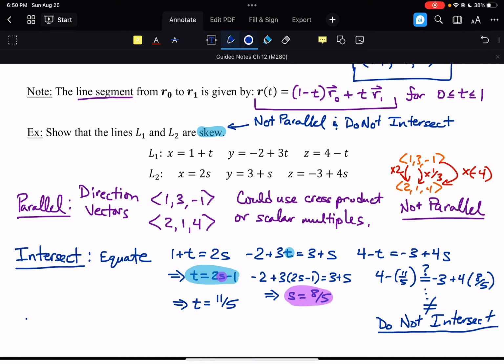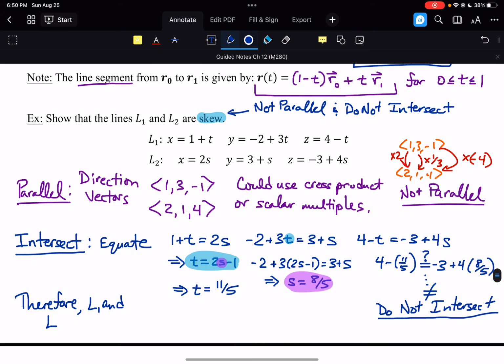So therefore, L1 and L2 are skew. Again, because they are not parallel and they do not intersect, they must be skew.